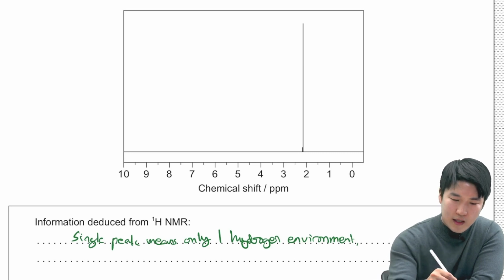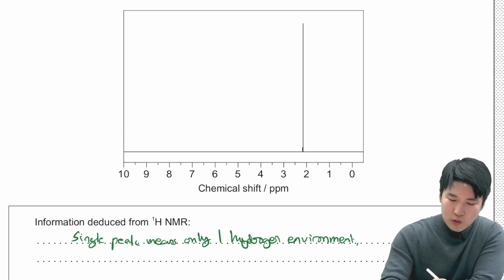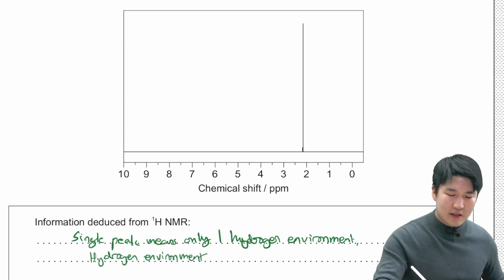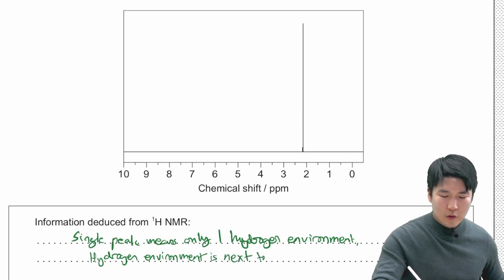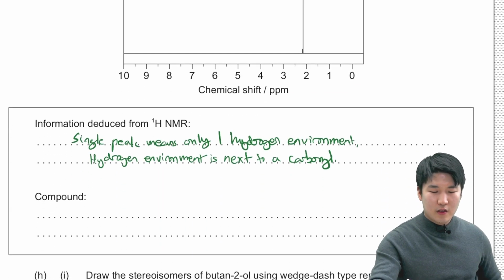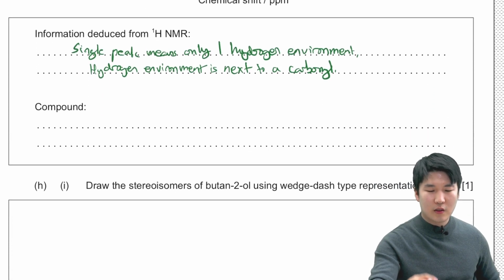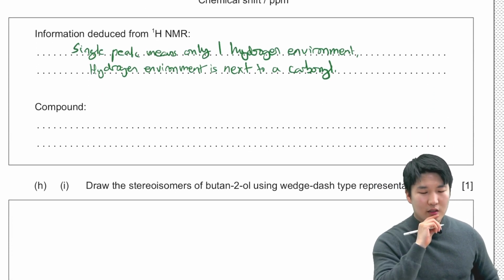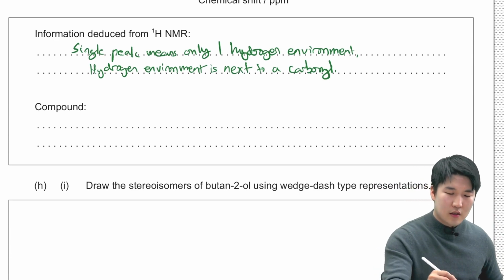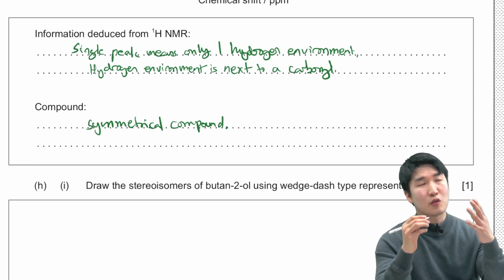So we know that a single peak means only one hydrogen environment, and this hydrogen environment is next to a carbonyl, which means the compound we can elucidate is a symmetrical compound. It must be symmetrical so that there's only one hydrogen environment.